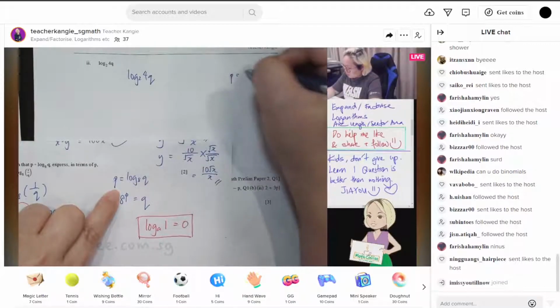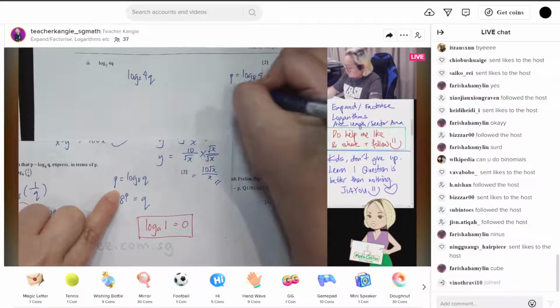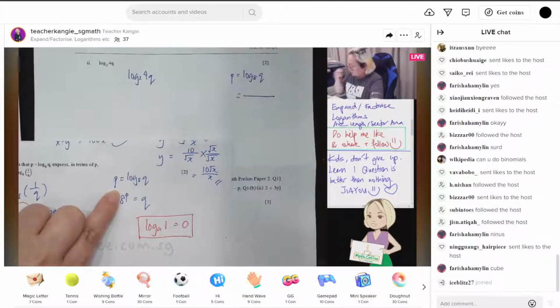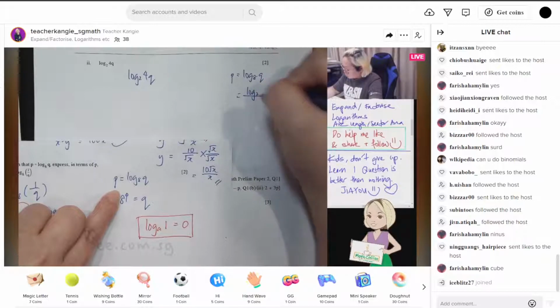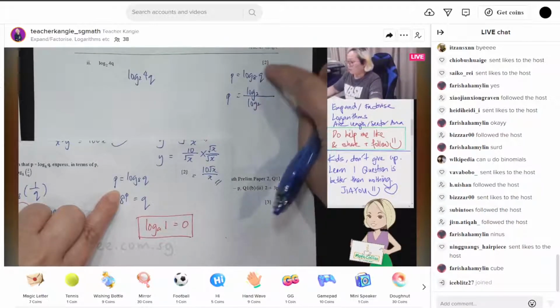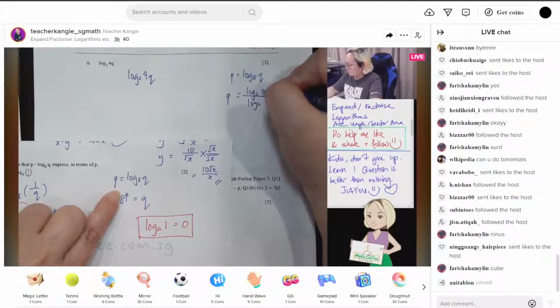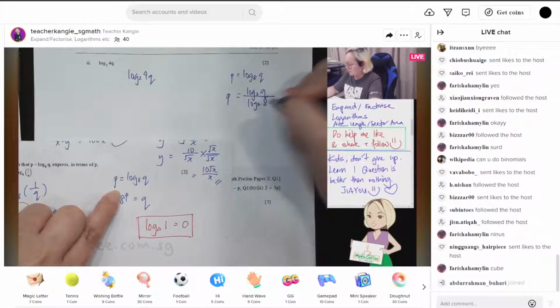So P equals log 8 Q. Change this to base 2. Changing base, put fraction. This is log 2, log 2. I'm changing the log 8 Q to base 2. Put the Q at the numerator, put the 8 at the denominator.